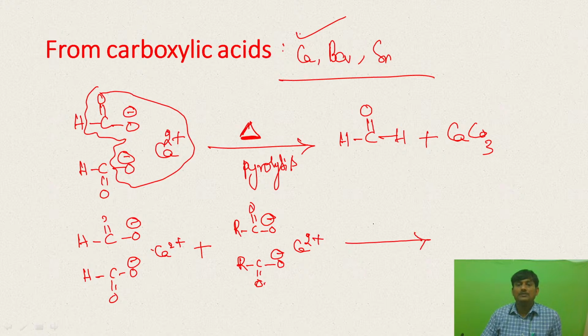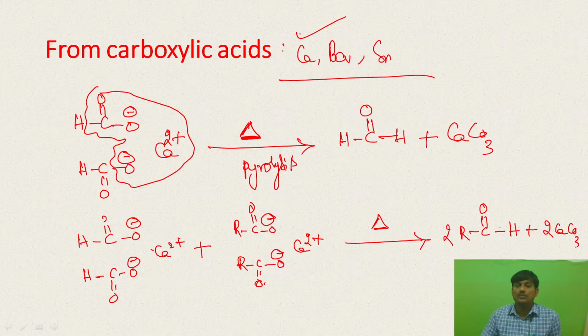When you heat these two carboxylates, in this case you will get 2 moles of aldehydes, RC double bond O H, and 2 moles of calcium carbonate.